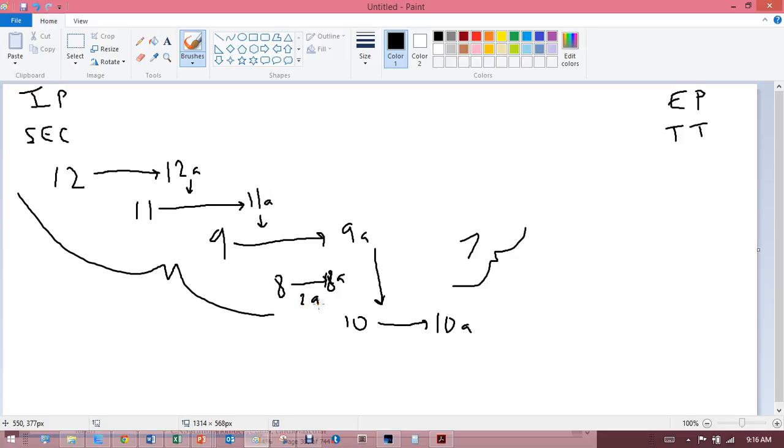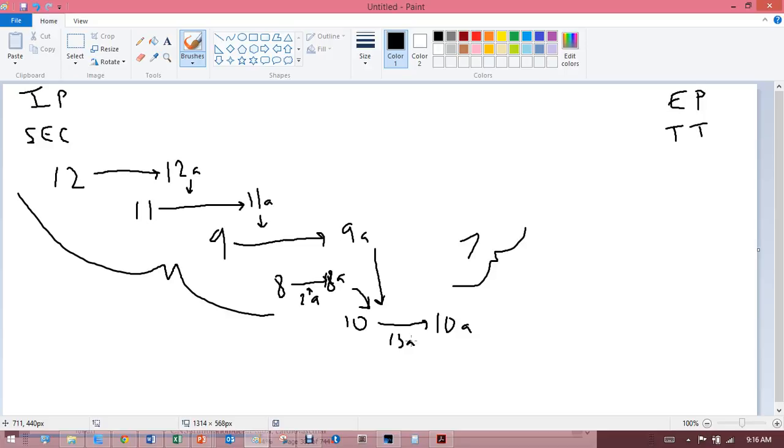And 8 also works here to go from 10 to 10A. 10 to 10A also requires 13A. Lots of numbers in here. What a mess, huh? I can see why people simplify this to 12, 11, 9, 8, 10.